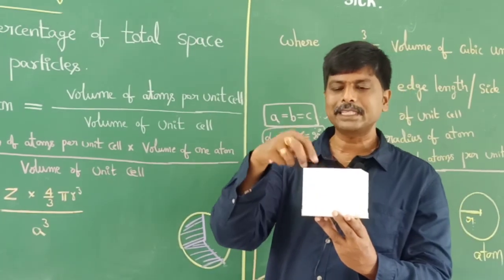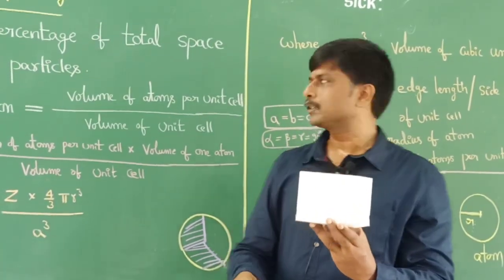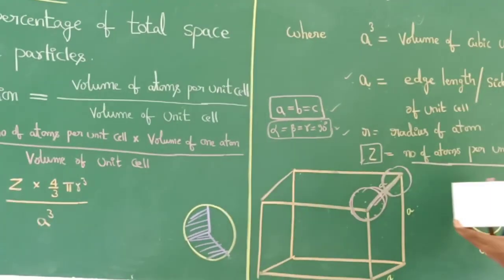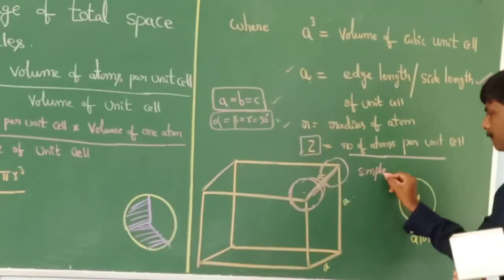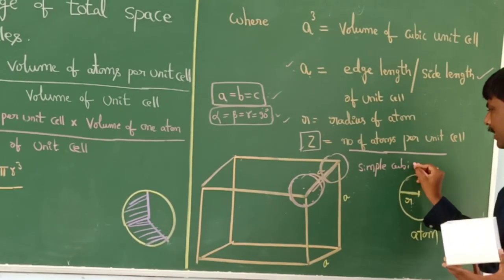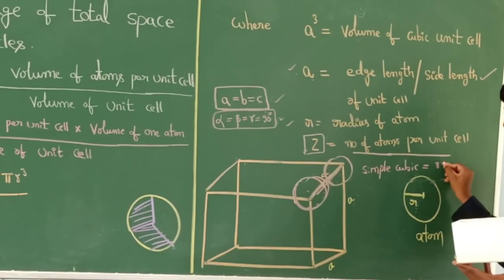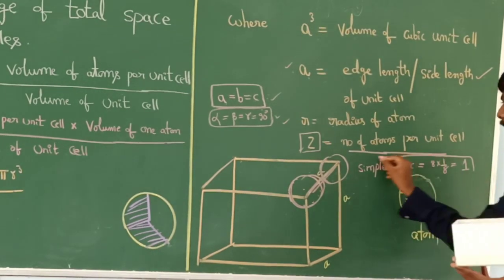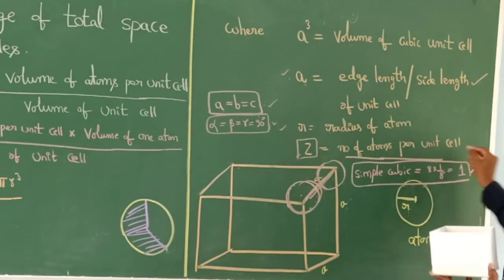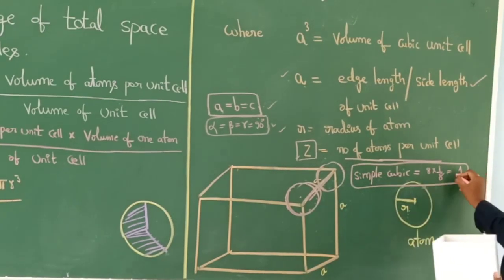How many corners are there? 8 corners. So in simple cubic system, 8 into 1 by 8. So the total number of particles is 1. So the Z value is 1 for simple cubic.